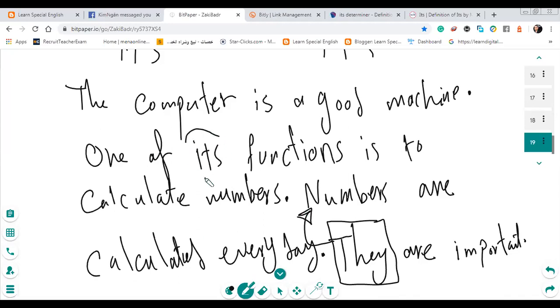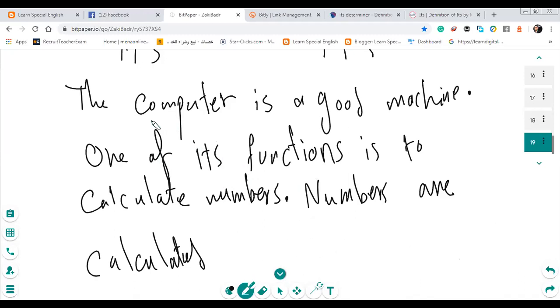And "its functions", this "its" is a determiner, referring to what? To the computer. So that's why I advise people who write to use the nouns first, then use the pronouns to replace the noun in the following sentences. This is my piece of advice.